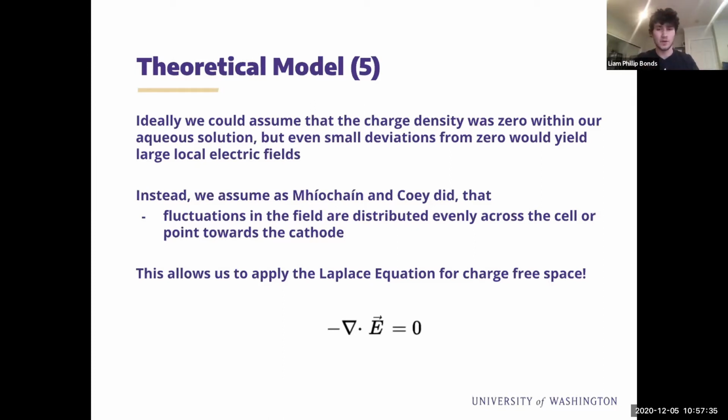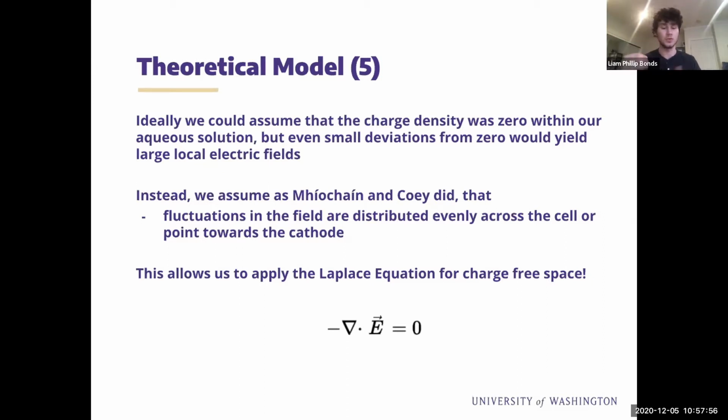But even small variations in it create really large local field fluctuations. So we actually assume, as McCain and Coe did, because we're following their derivation, that any field flux or changes is distributed evenly and all points towards the cathode.